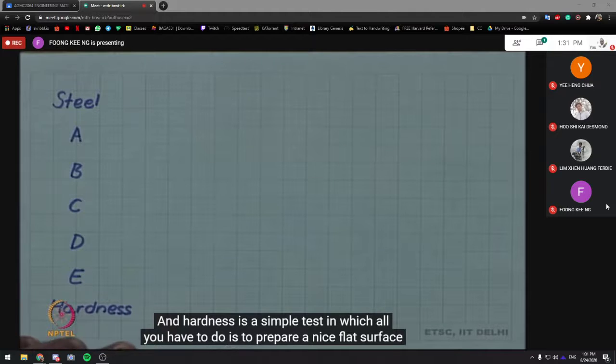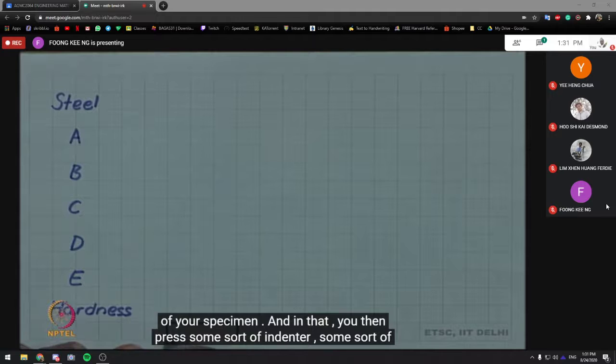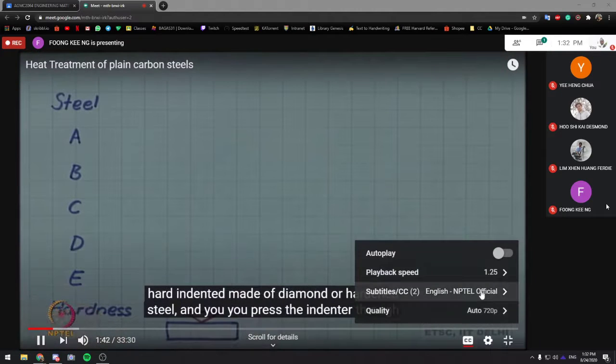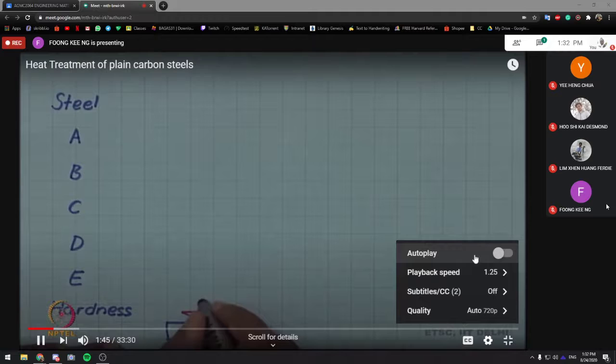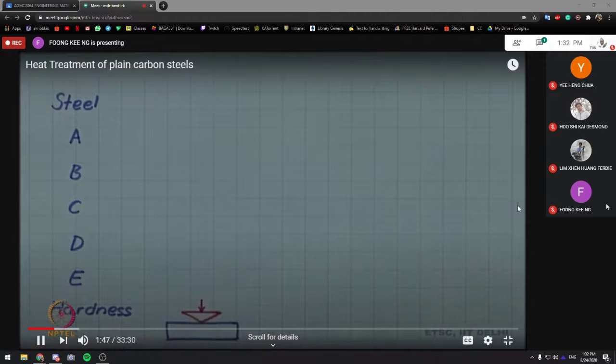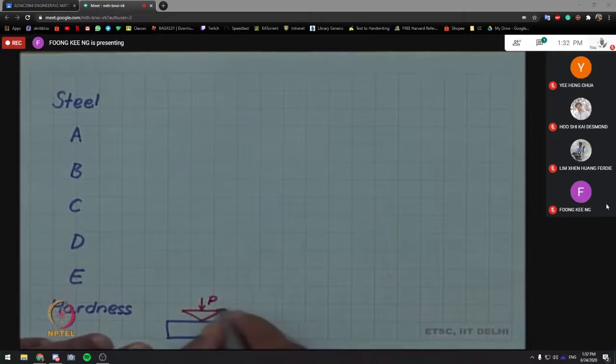And hardness is a simple test in which all you have to do is to prepare a nice flat surface of your specimen, and in that you then press some sort of hard indenter made of diamond or hardened steel, and you press the indenter through some load. So this is an indenter.